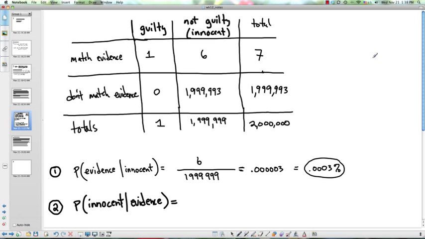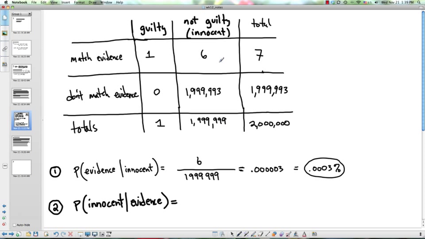Right? Question number 1 was, what's the probability of the evidence if the person is innocent? And you can see that all I have to do to answer that is look at the total number of people that are innocent and how many of those match the evidence. So I reduce my total number of possibilities to all the people that are innocent, and out of those, how many match the evidence?